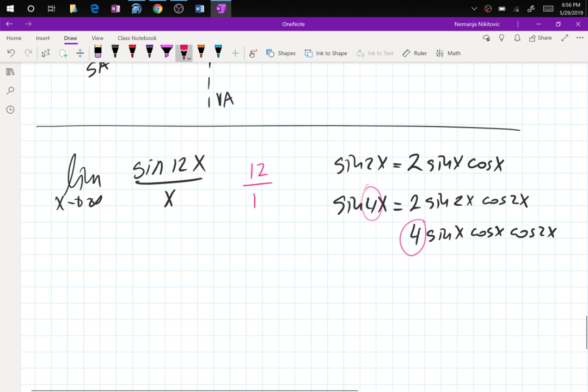Now, this is not a fair question right now, because in chapter 4, we are going to learn a technique that is going to deal with this question in about 2 seconds. It's going to be called L'Hopital's rule. I believe it's 4.7 or 4.8. Now that's in 2 weeks for you guys.